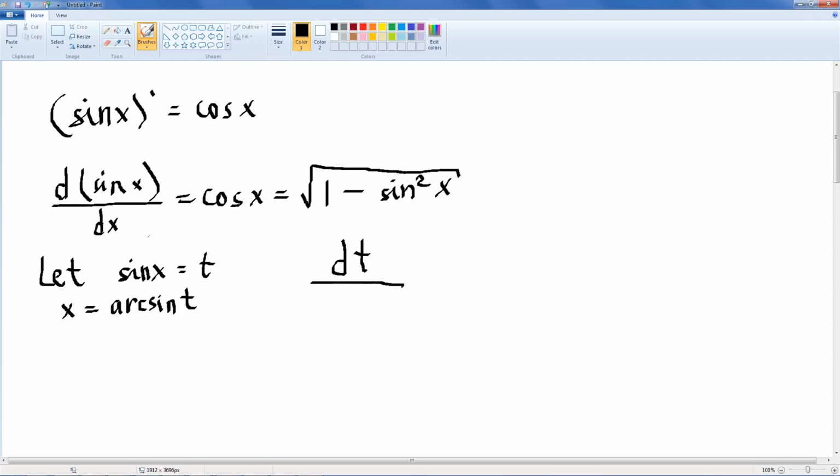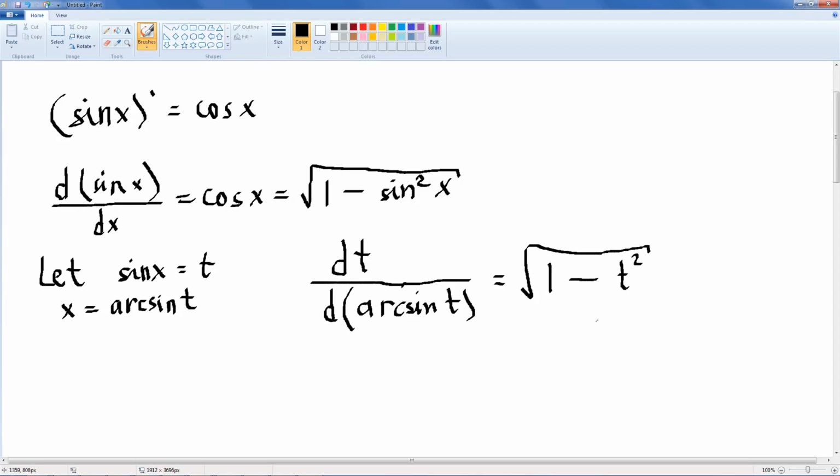Then on the bottom, it says d of x, but x is equal to arcsine t, so we're going to write d of arcsine t. And finally, that equals the square root of 1 minus, and it says sine x squared, and we know that sine x is t, so we're just going to write t squared.